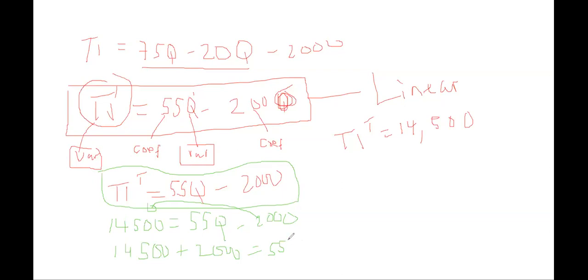So this will be Q. At the end of the day, remember our goal is to find the quantity. Always, the quest is for us to find the value of this.